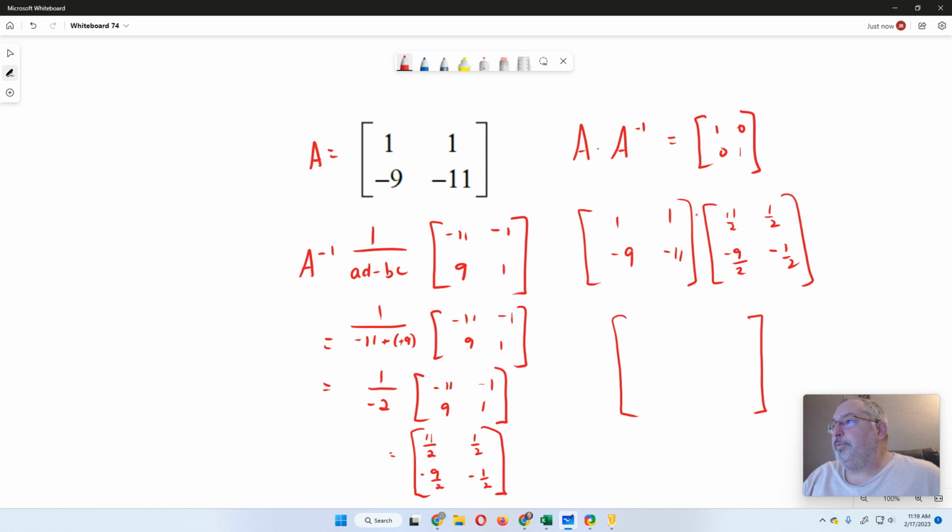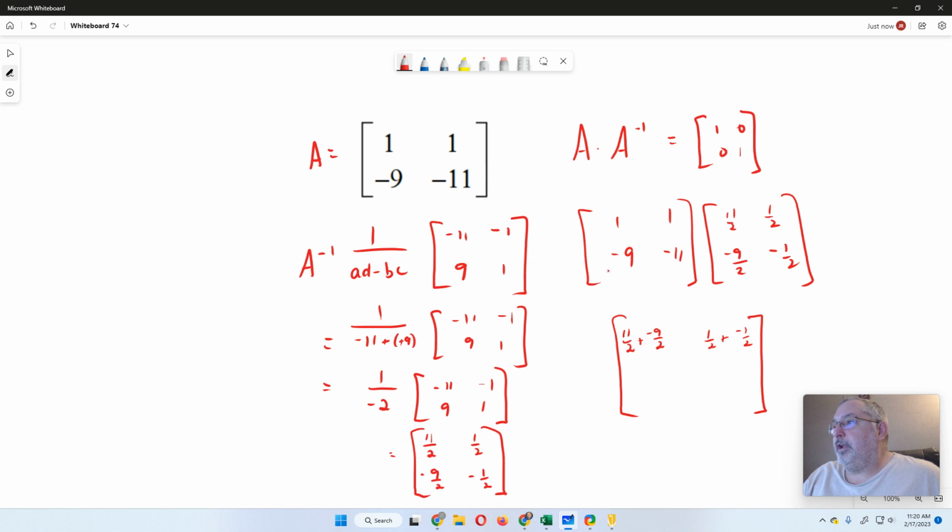So first row times first column, it's going to be 1 times 11 halves, so that's 11 halves. 1 times negative 9 halves, so plus negative 9 halves. Okay, that's going to be our first entry. We've got 1 times a half, which is a half. 1 times negative 1 half, so plus negative 1 half.